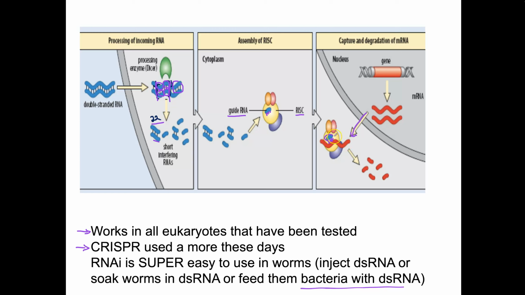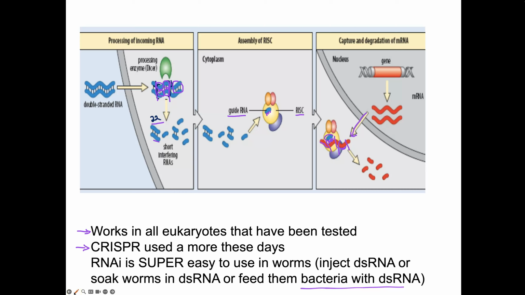And then the RISC complex goes, okay, out you go, and it chops to either side of that, and another complex can bind somewhere else on the same one and chop it into small pieces. And so there hasn't been a retained ribosome binding site, or if there is, it's right at one end, and then 2 or 3 amino acids can be produced in a string, and that's it, because the RNA has been chopped to pieces. And so basically that's how you target the gene.